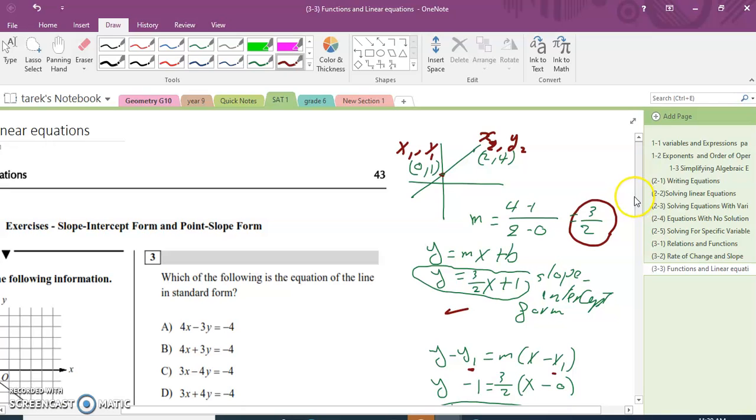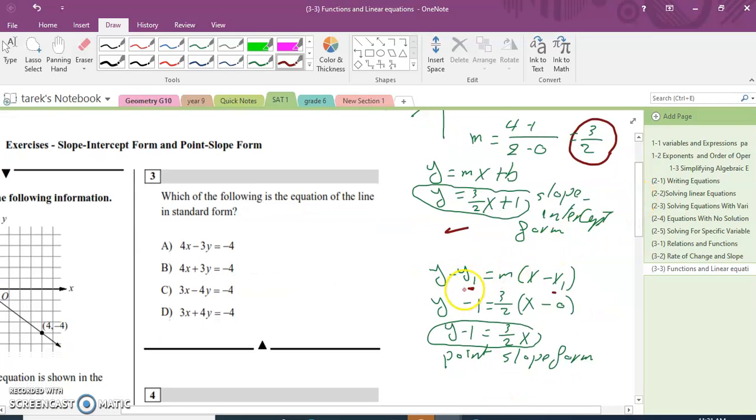So you can replace the x1 by 0 and the y1 by 1 and keep the x and y. So now you got the equation, just simplify it: multiply the 3 over 2 times x, it will be 3 over 2 x, and 3 over 2 times 0 equals 0. This equation is called the point-slope form of the equation of the line.